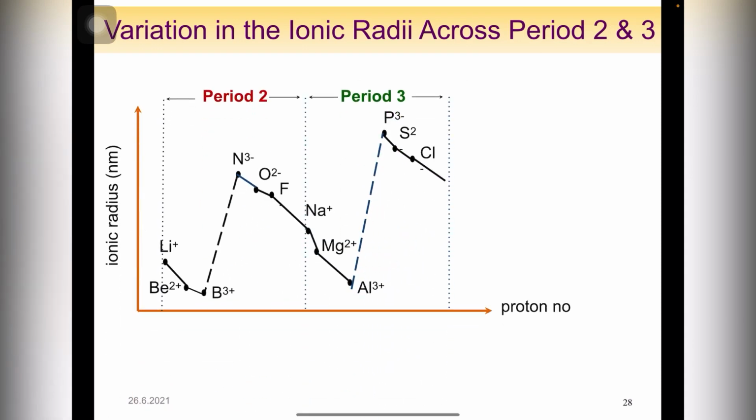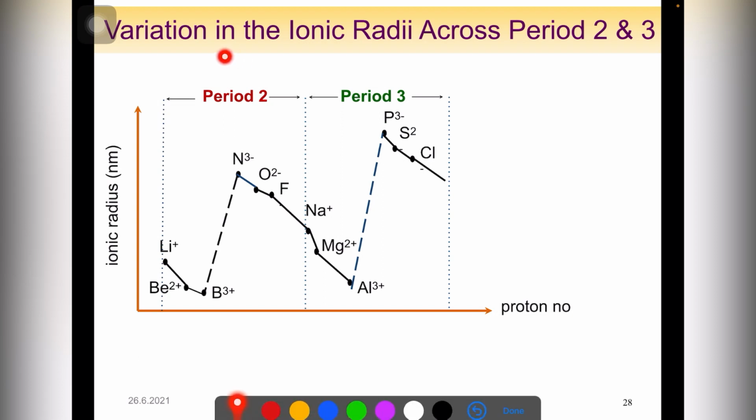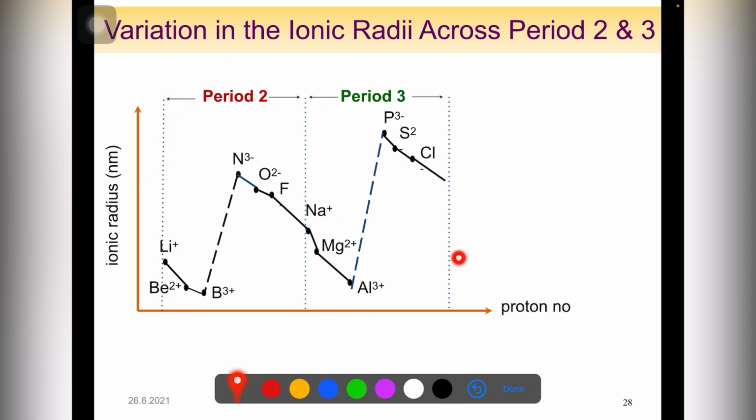Let's see the variations in the ionic radii. We have the elements in period 2 and the elements in period 3. You can see that from Li+ to B3+, the ionic radius decreases. The anions are always larger than the cations, but between these three anions, the radius also decreases across the period.